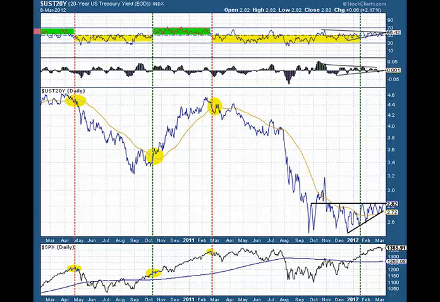And so the logical extension of that relationship is that when stock prices go up, bond yields should also rise with them. This chart indicates that's a fairly accurate relationship.